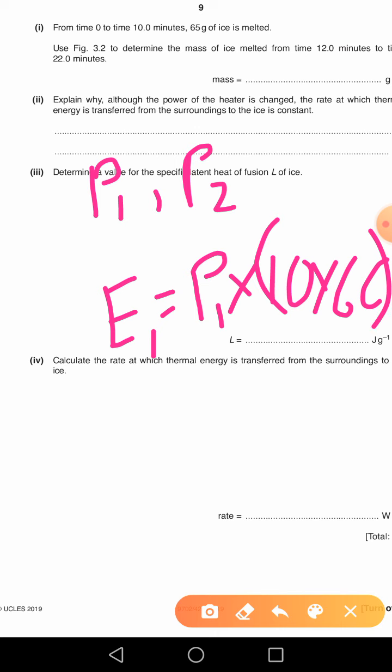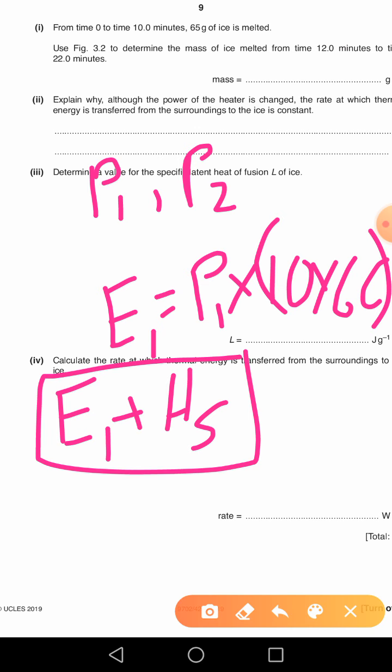And let the total amount of heat gained by the ice in the 10 minutes be E1 plus the heat energy from the surrounding in 10 minutes. Please note it down. I'm erasing it.